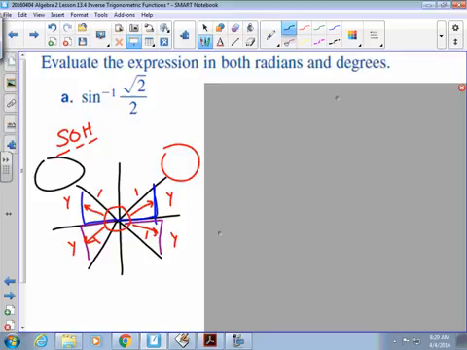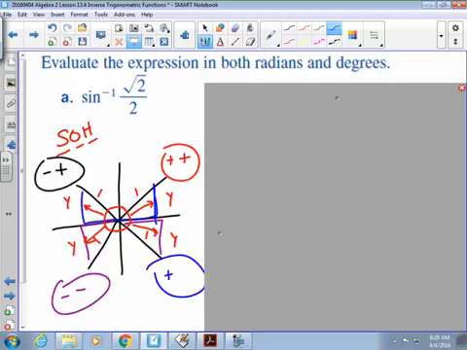As you look at this one down here in the third quadrant, both the x and the y are negative. So this one we know is positive, positive. This one here is negative, positive. This one down here, both of them are negative. And then finally, this one right here, its x is positive, but its y is negative. Again, all of them say the square root of 2 over 2 all the way around.